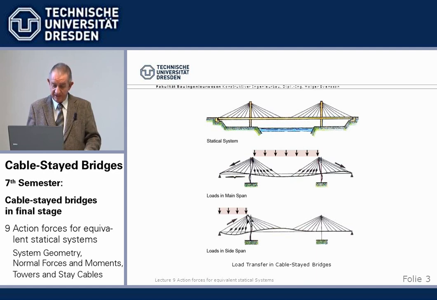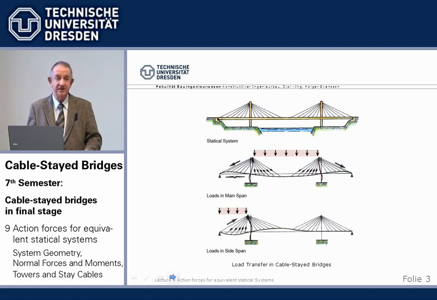But from there, again, the tower head is supported by the backstay cable. The forces are transferred into the abutment. But very easy just by looking at it, the side span loads create compression in the backstay cable. Be aware, do not forget. That's unusual.